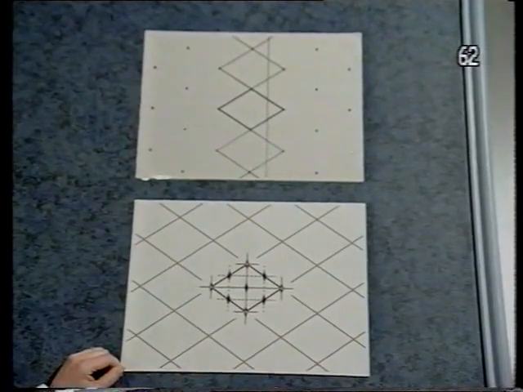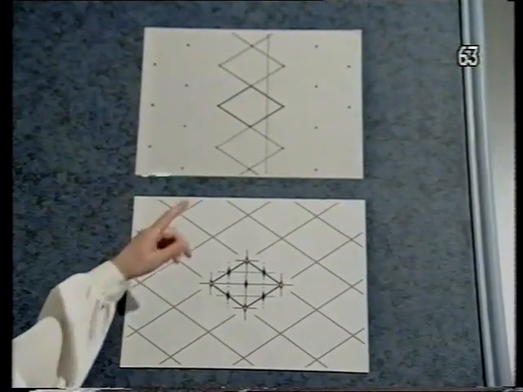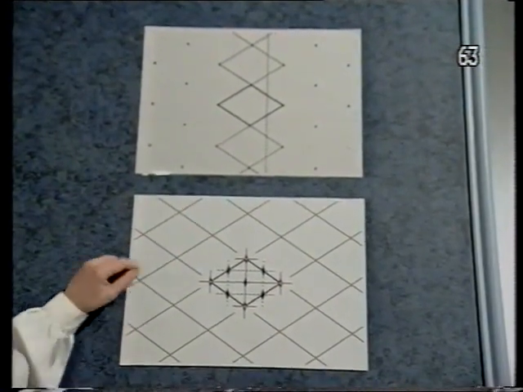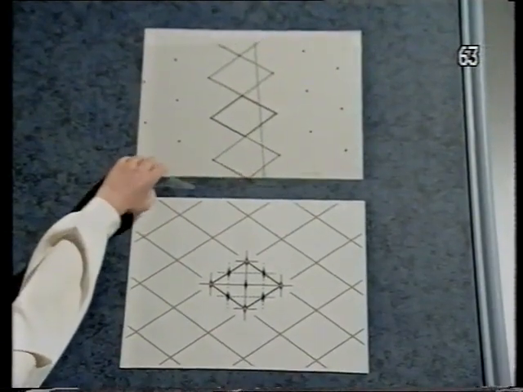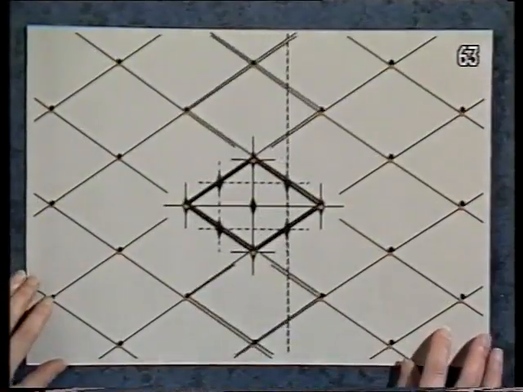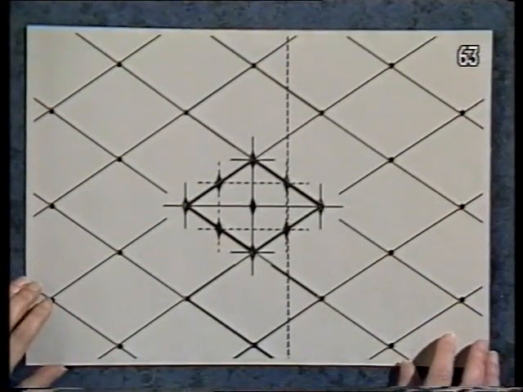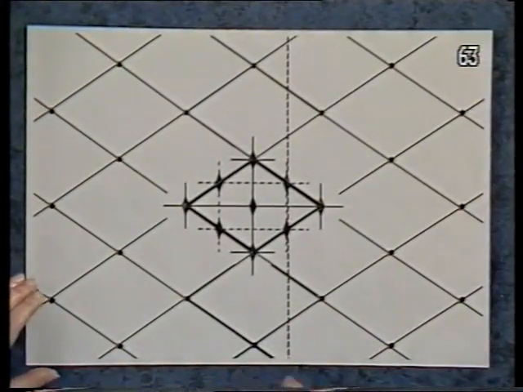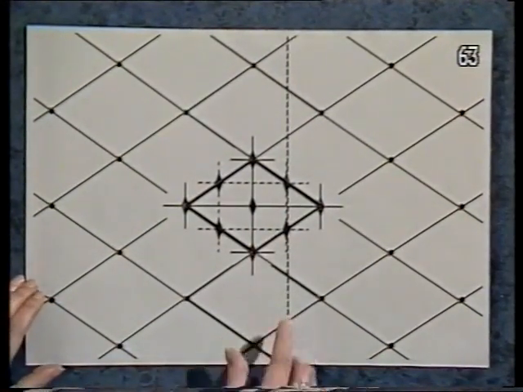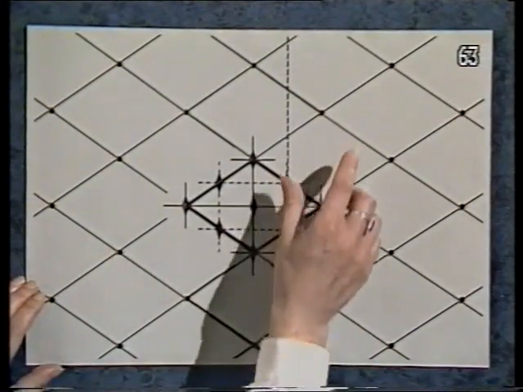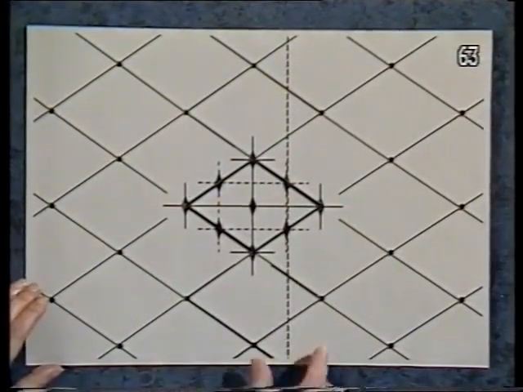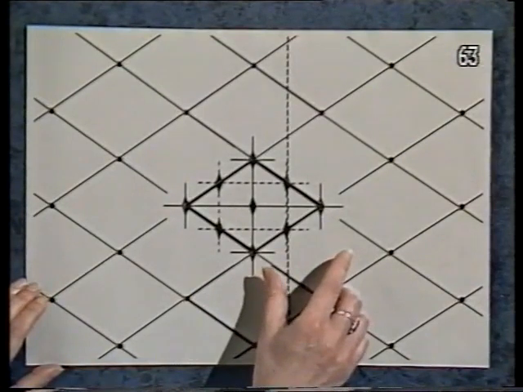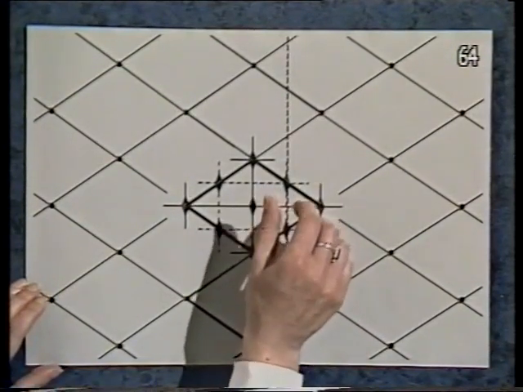On the overlay, we've drawn just a part of the grid, one column of rhombuses. On the basic pattern, notice that adjacent to this central column is another column of rhombuses, but they're offset, half a diagonal to the right and half a diagonal upwards.